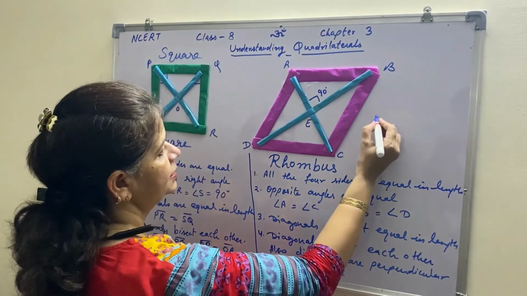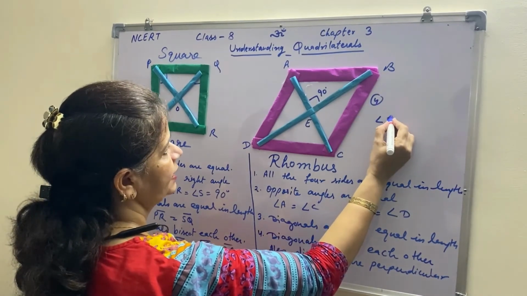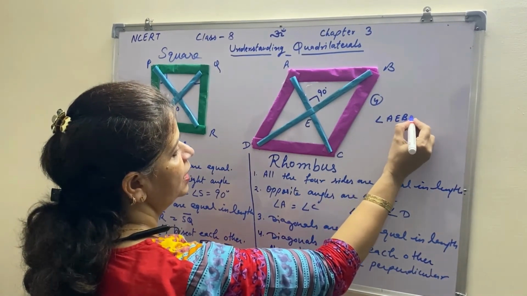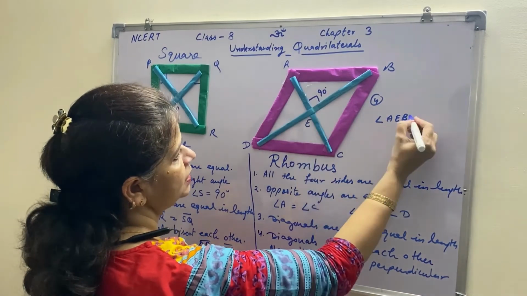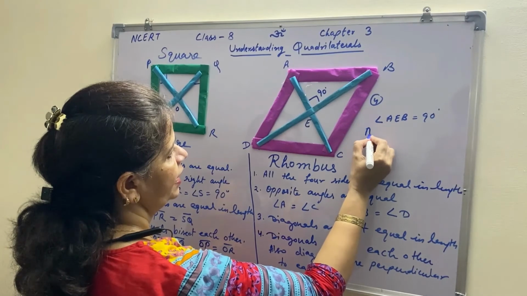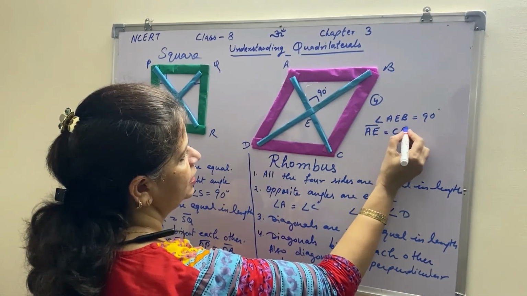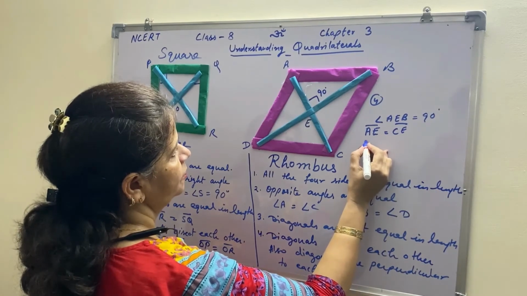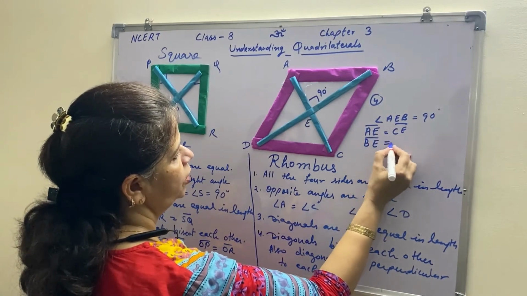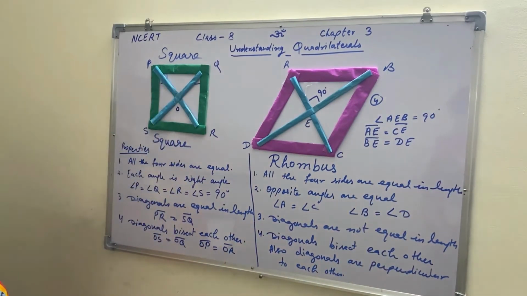For the fourth point I am writing that angle AEB, and similarly all others, are also 90 degrees, and side AE equals CE, and side BE equals DE. So this is about the square and rhombus.